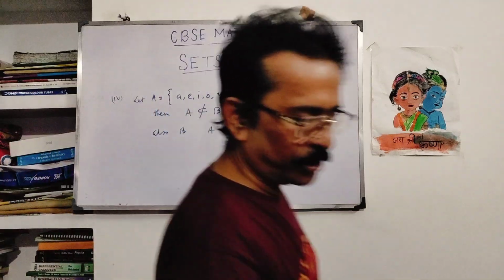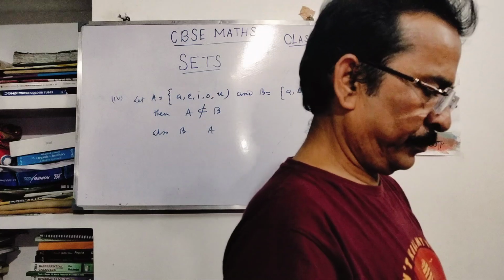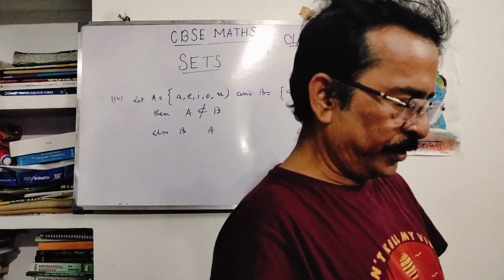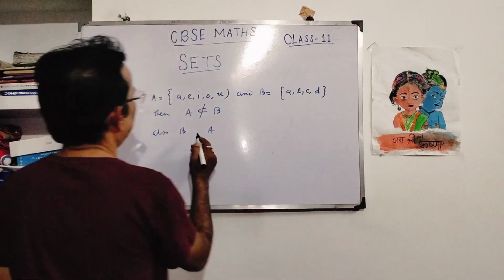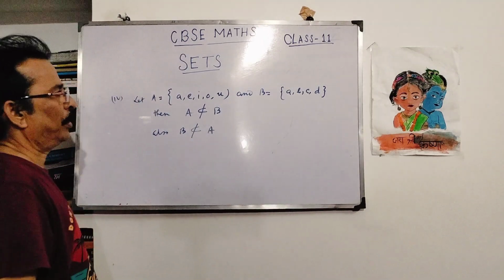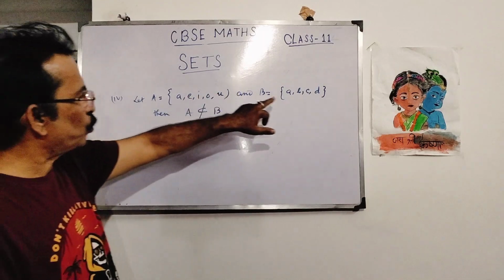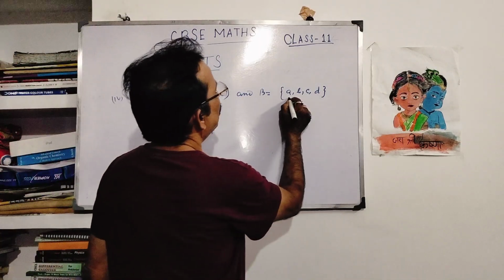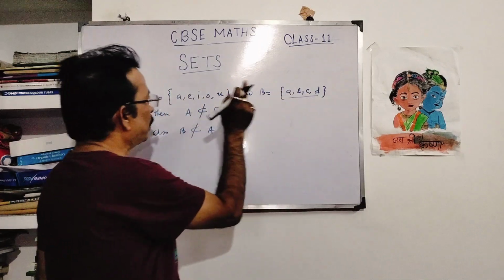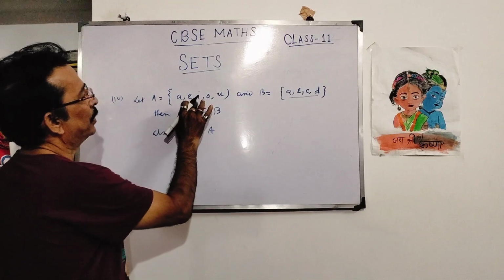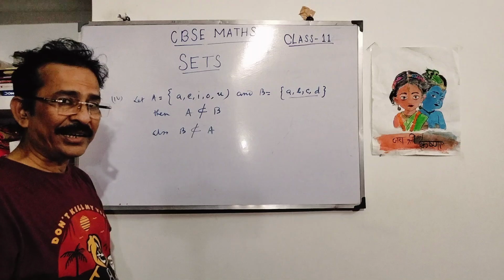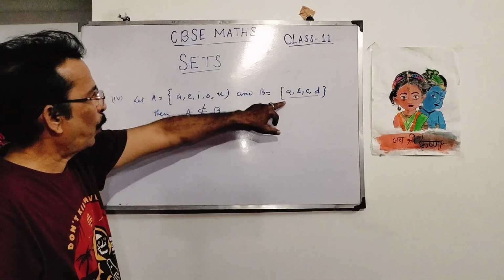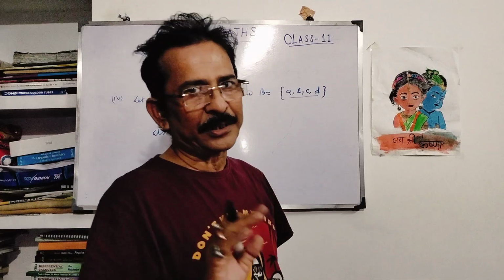A is not a subset of B. Understood? A is not a subset of B, and B is not a subset of A. B is also not a subset of A. Though there is one similarity, an element common to both, all the elements have to be common for us to say that A is a subset of B. But here there is only one, so it is not a subset.